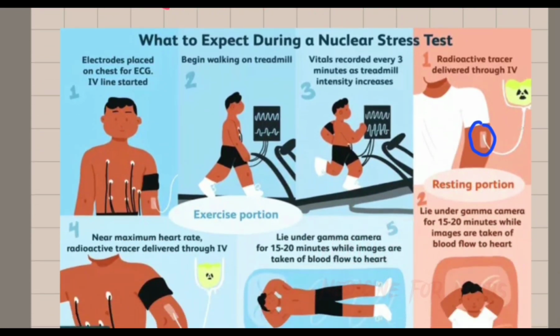The radioactive tracer is injected through the IV line, and the patient lies under a gamma camera for 15 to 20 minutes while images are taken of the blood flow to the heart. Then the patient goes on a treadmill and begins walking. Electrodes are placed on the chest for ECG, the IV line is started, and vitals are recorded. Near maximum heart rate, the radioactive tracer is delivered through the IV, and the patient lies under the gamma camera for 15 to 20 minutes while images are taken of the blood flow.